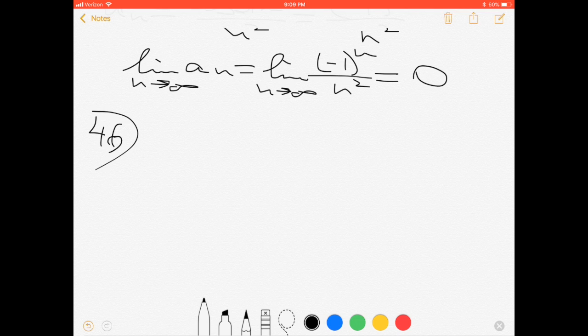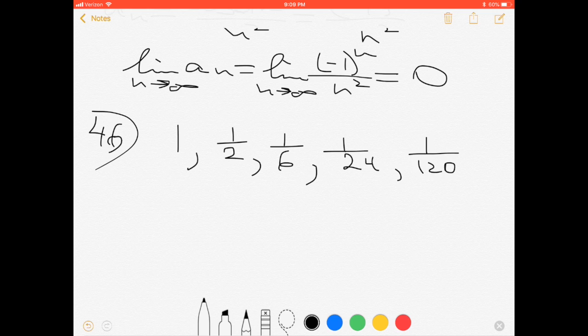And two questions, 46 and 52, we're solving. 46, you have the sequence 1, 1 half, 1 over 6, 1 over 24, 1 over 120, and so on. How can you rewrite a formula for this sequence? I think we can. This is 1 over 1.